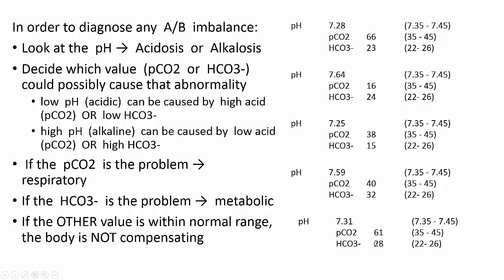However, the kidneys, because this number is going high, are trying to compensate and fix it. So remember we talked about how the other system has to try to fix the problem. So in this particular case, they're trying to fix the problem. However, it's not fixed completely, so I would say that this is a partially compensated form. Okay? So these are some examples that are listed there in your notes.